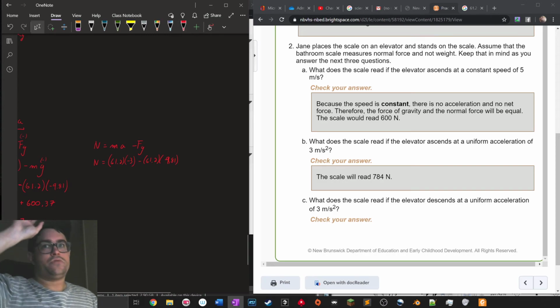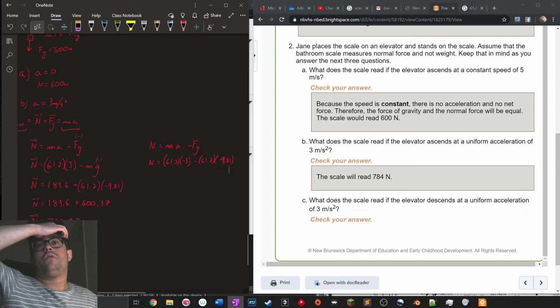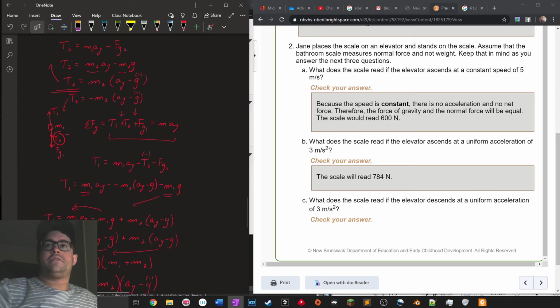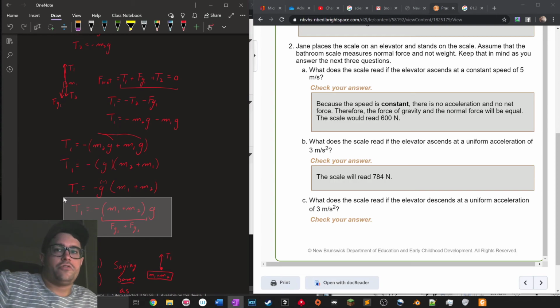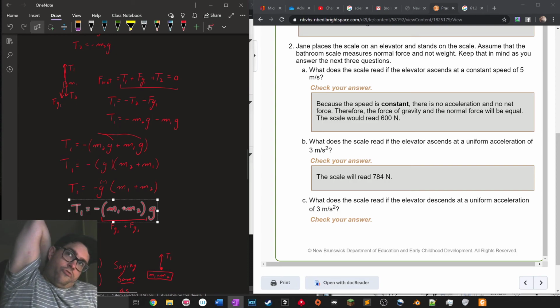Which formula could we have used? M times A minus G. So we could have used this formula here to calculate the tension, which would be the same as the normal force, because the normal force would be equal to the tension.